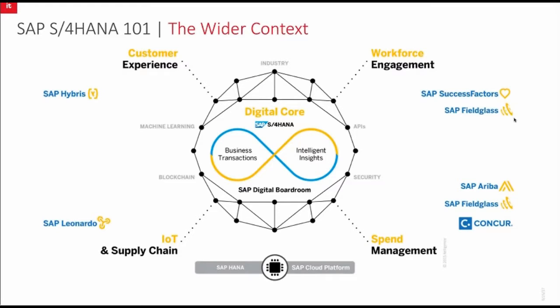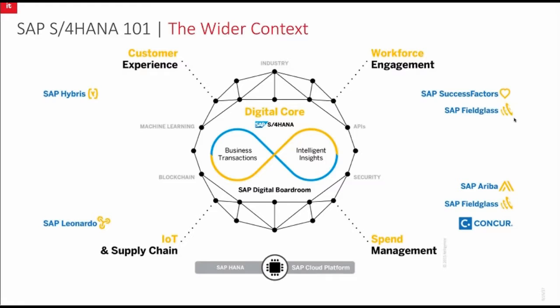Well, the first thing to understand is that S4HANA really is just a part of SAP's wider evolution of their solutions. Now, you may well have seen this diagram before, which was very popular probably over the last 12 months or so, with the idea being that you have the S4HANA digital core in the center there, bringing together business transactions and intelligent insights with the other perhaps newly acquired solutions from SAP, extending that digital core on the outside.